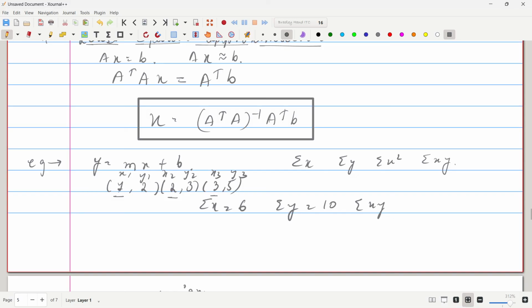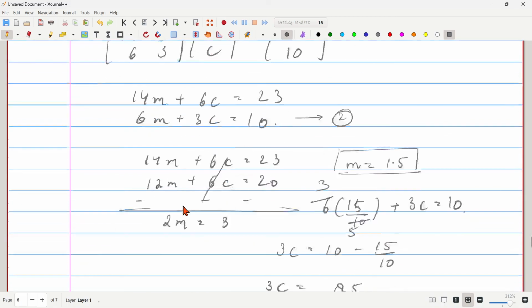What is summation of xy? 8. What is summation of x square? You can do it in your own notebook. It will be 1 square plus 2 square plus 3 square, so 1 plus 4 plus 9, that is 14.